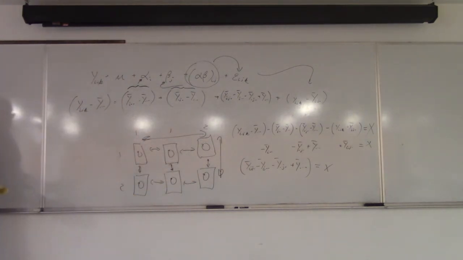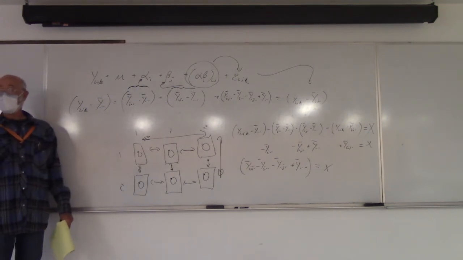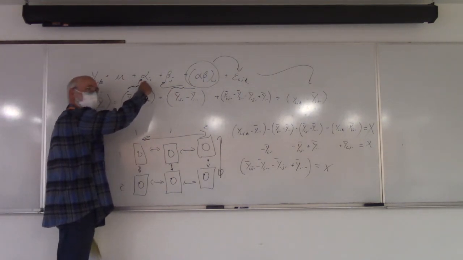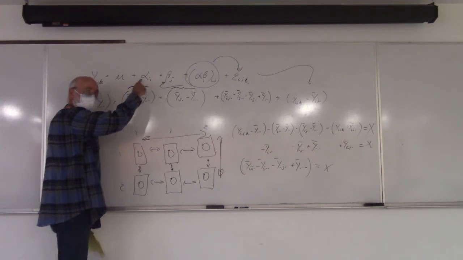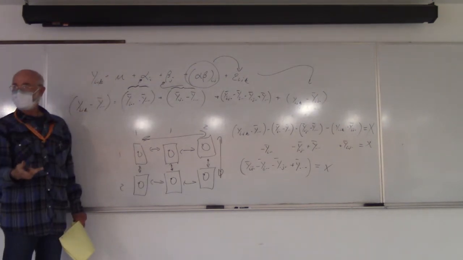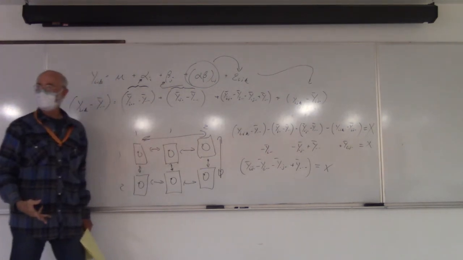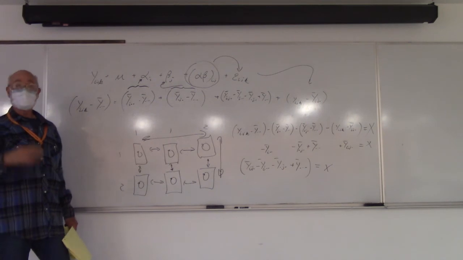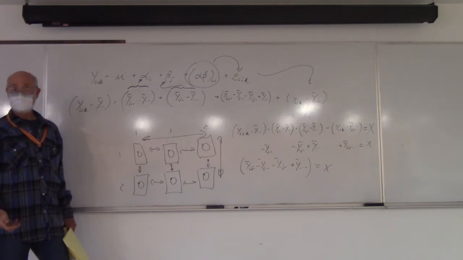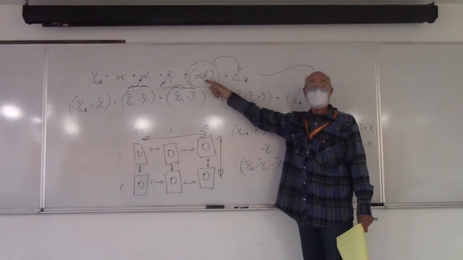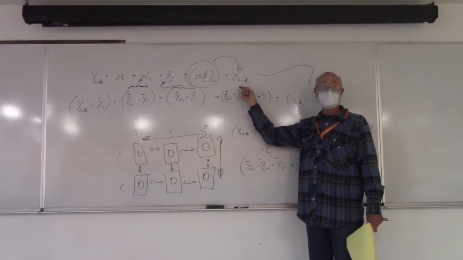Why do I care? Because when I compute the Anova table, I want the epsilon term to be as small as possible because I'm looking at the relationship of alpha to epsilon. The smaller epsilon is, the bigger that ratio is. Or I'm looking at the ratio of beta to epsilon. The smaller epsilon is, that ratio will be bigger. So what I've done here is I've partitioned that noise out of the error term.